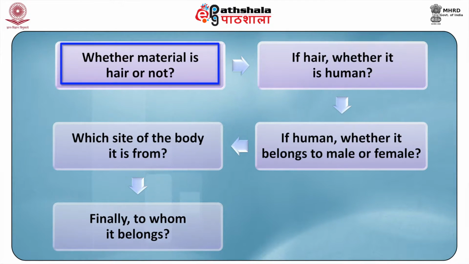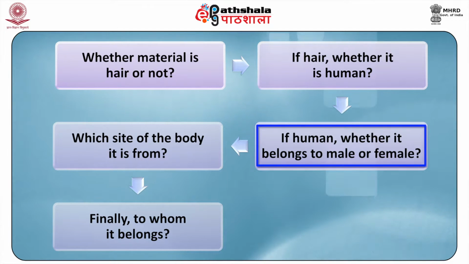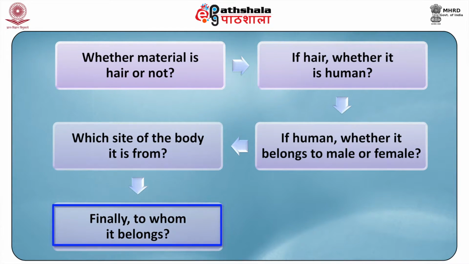For example, if a hair is recovered as evidence from a crime scene, then the following specific questions can be asked: whether the material is hair or not; if hair, whether it is human; if human, whether it belongs to a male or a female; which side of the body it is from; and finally, to whom it belongs.